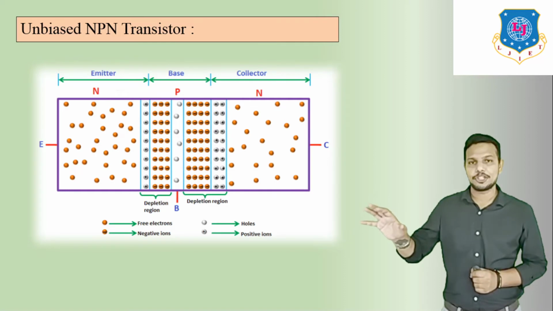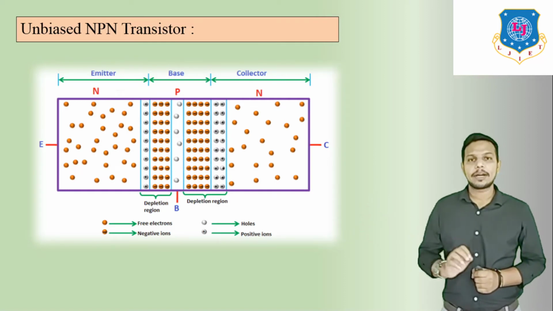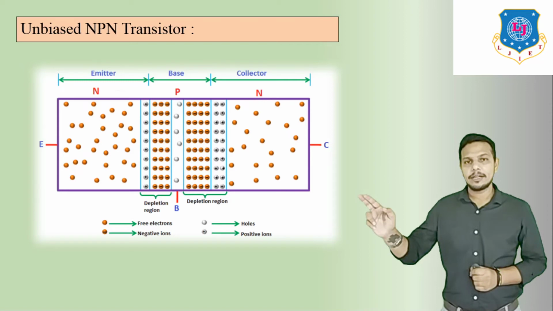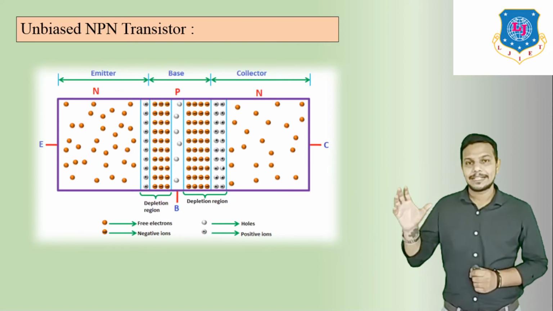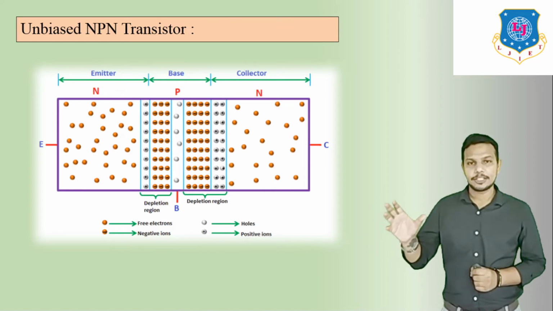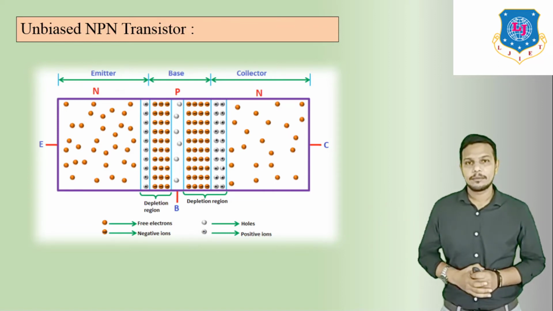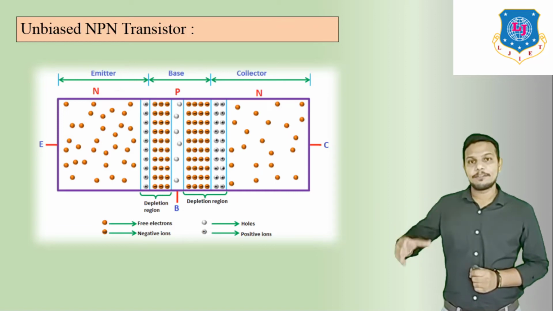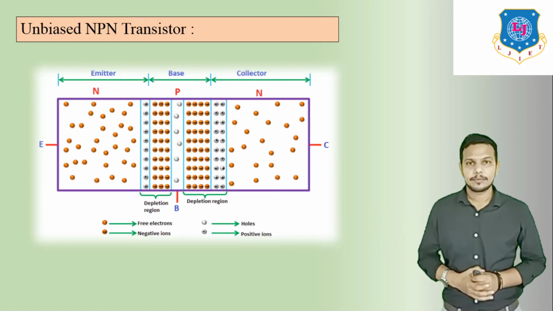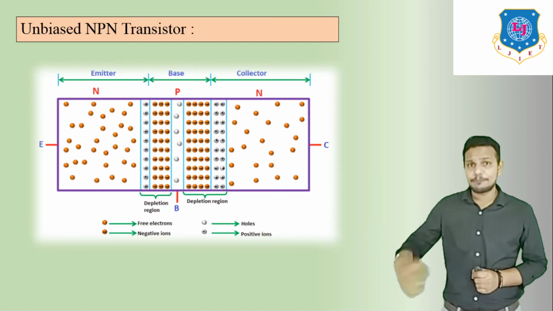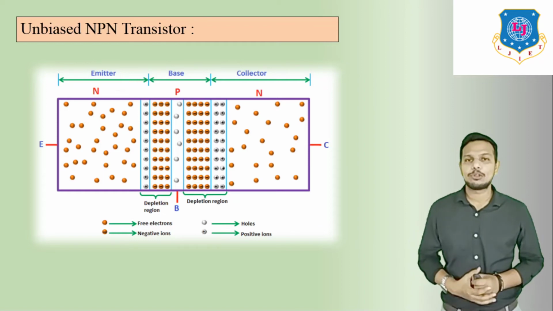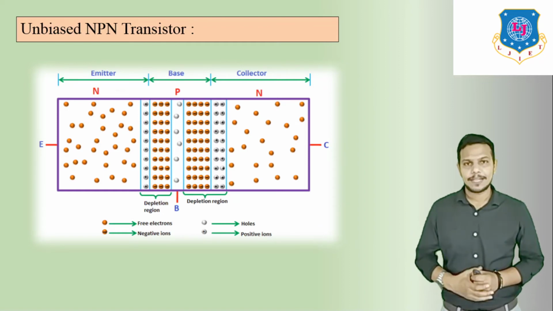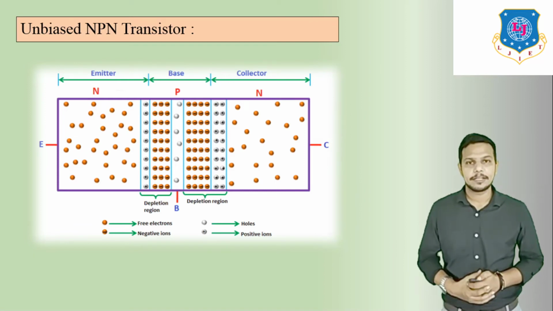After this depletion region is built, no current can flow from one type of material to another, because the depletion region, also known as the barrier, stops the flow of electrons. So if we have to flow current, if we have to push these electrons, we have to connect a battery. That means a DC supply, so it becomes biasing.